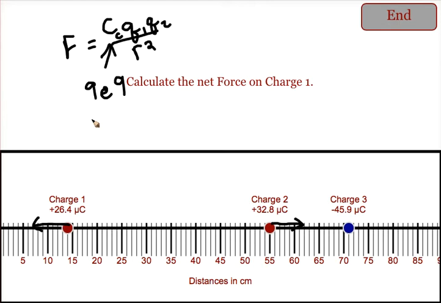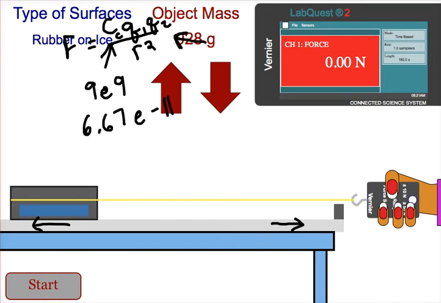This is much stronger force than gravity, where the constant was 6.67e to the negative 11th. So of the fundamental forces, the electromagnetic force, in this case the electrostatic force, is much stronger than the force of gravity.